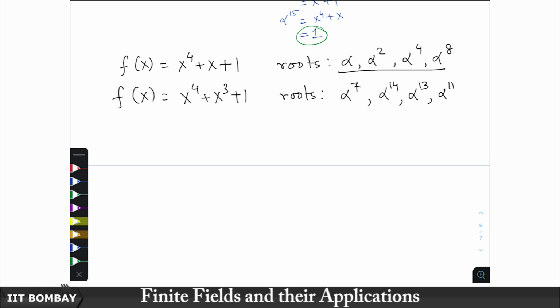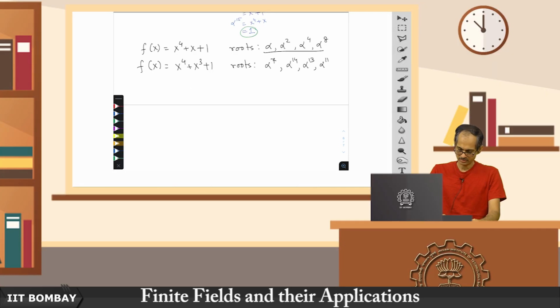Now, you can verify that these are indeed the roots. Let us verify just one in this case; the others you can do yourself. So, f of alpha^14. Alpha^14 to the power 4, that is 14 times 4, is 56.